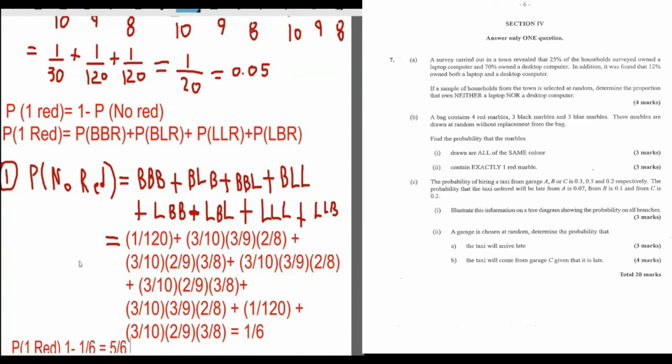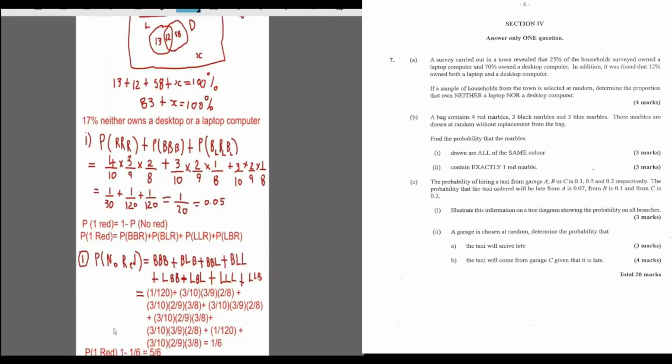So there's a very high chance you'll get a red. So that's it. The probability of 1 red is 5 over 6. Nice and easy.